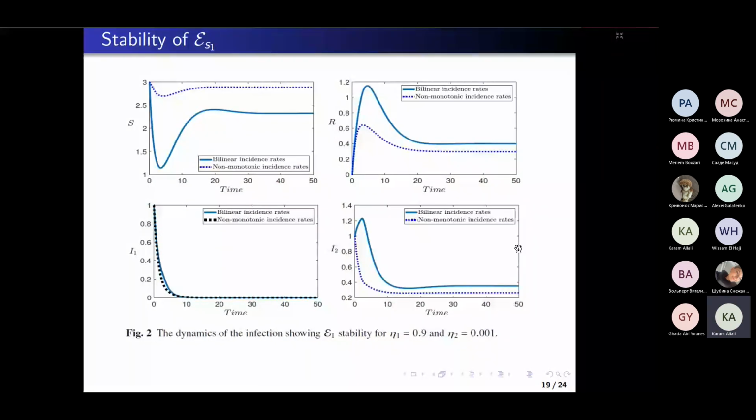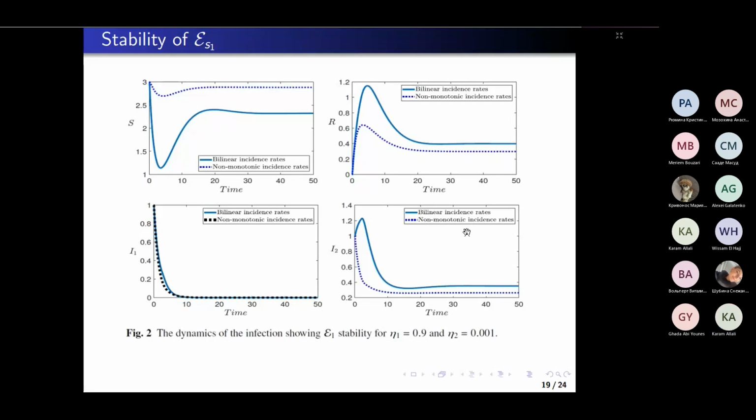Here we change. We let eta1 be 90% efficient treatment, and only eta2 is not efficient. So we can see here extinction of the first strain disease, while the second strain is persistent. It doesn't go to 0 for both incidence rates, bilinear or non-monotonic.